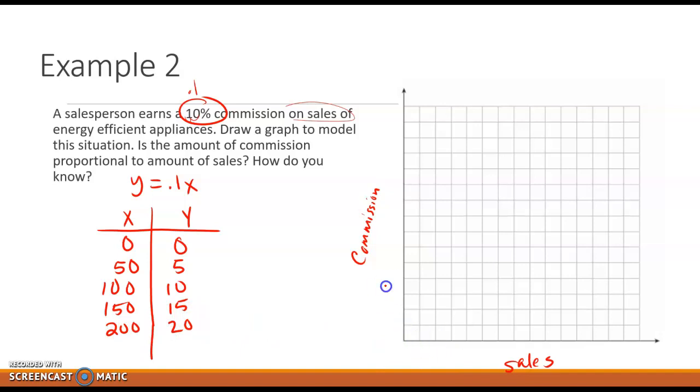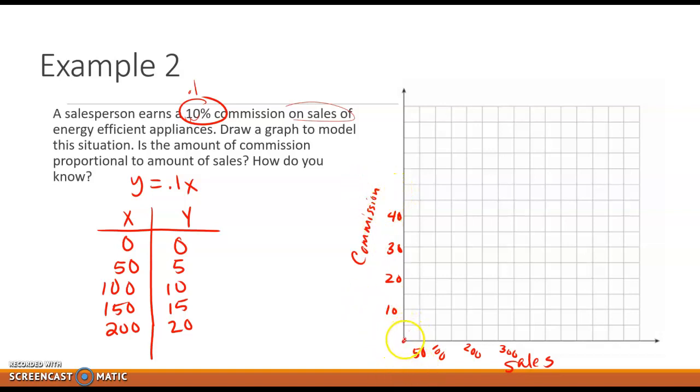And so then we're going to move that to the graph, and I'm going to count by 50s for my x values. So this would then be 200 and 300. And then I'm going to count by 5s, but I'm going to label each 10. And then from here I graph.